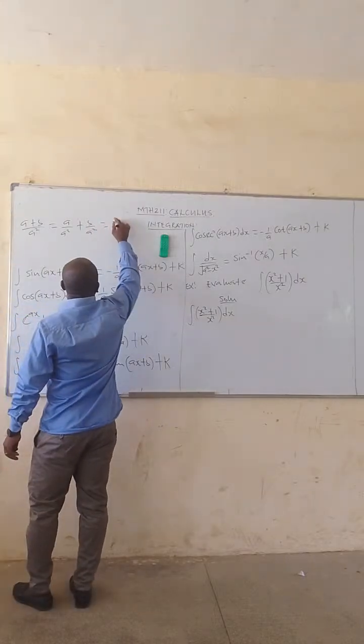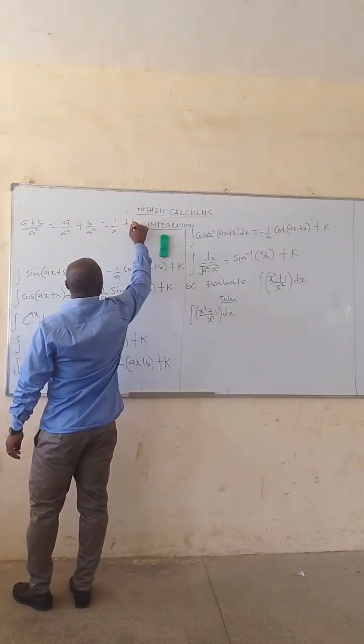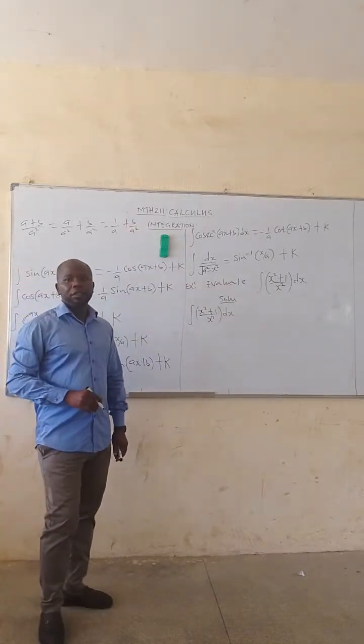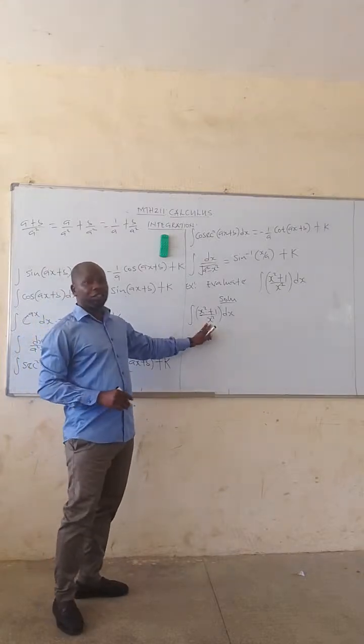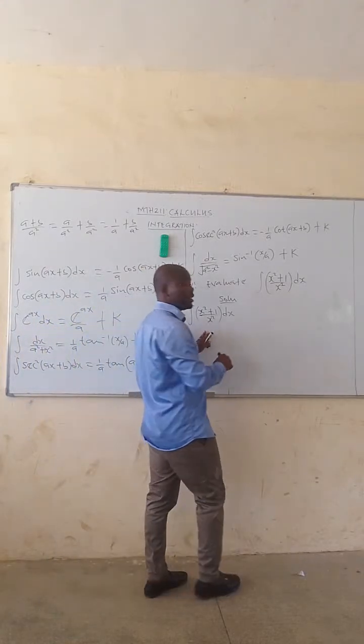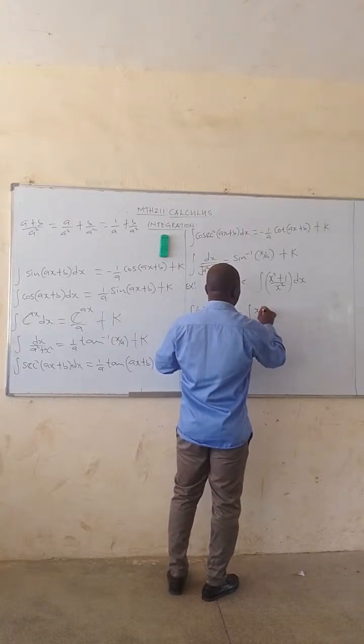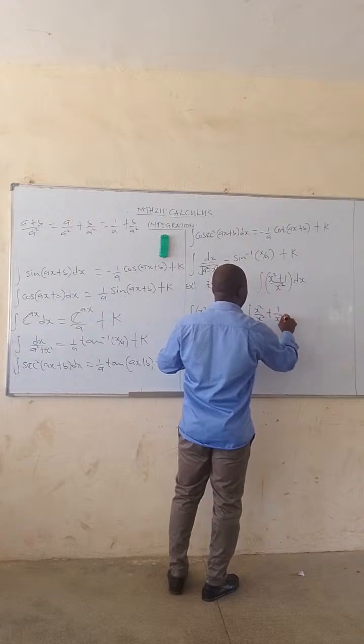Then this is going to give us 1 all over a plus b all over a squared. True or false? So if we have a function of this form, we can rewrite this integral as the integral of x squared all over x squared plus 1 all over x squared.